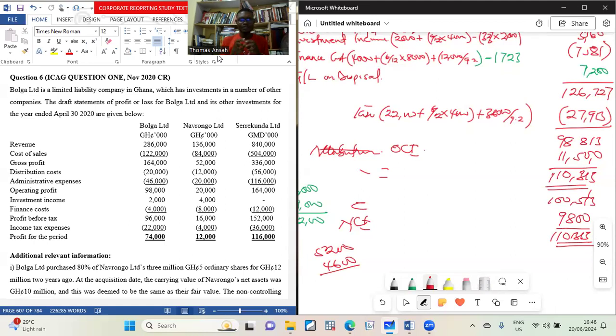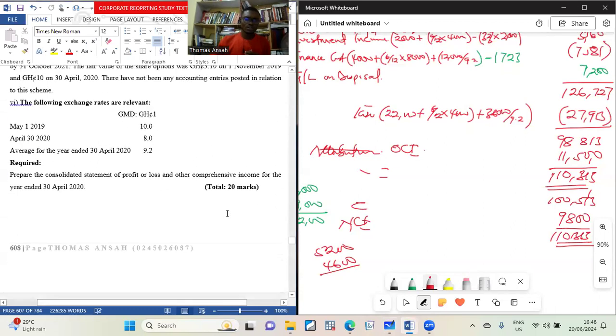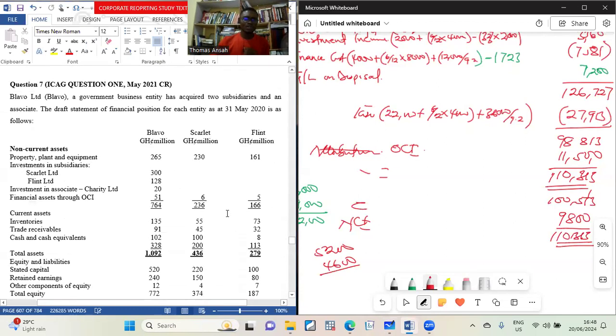All right. And we also know that since we are doing foreign consolidation, we need to do the extra 2 workings. So that is how everything pans out. There is another question which I would have loved to do but to prolong the recording. But that one, this is it, May 2021. Why don't you take a look at it and try your hands on it?